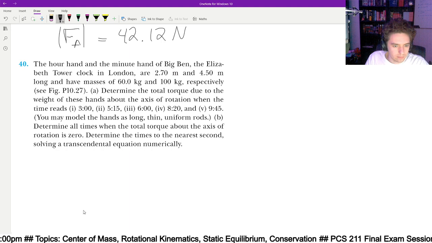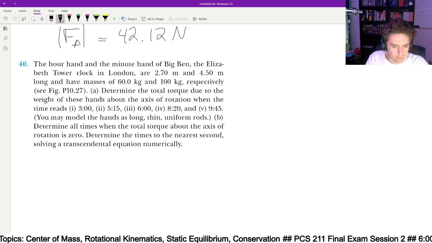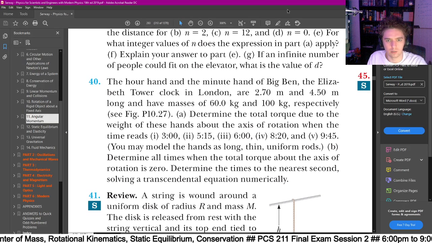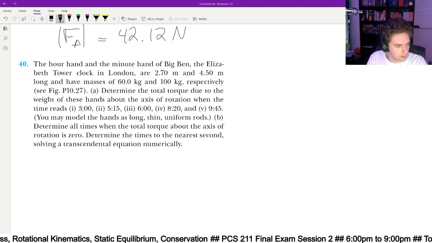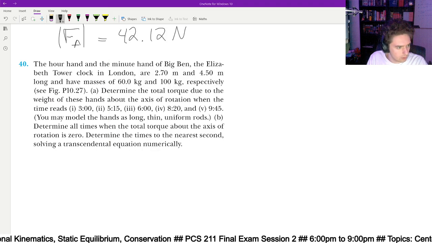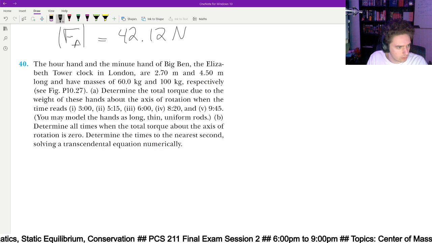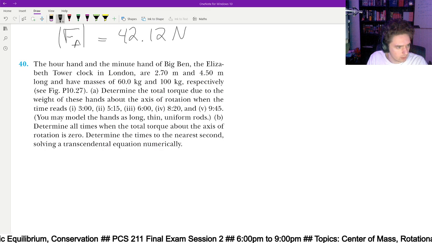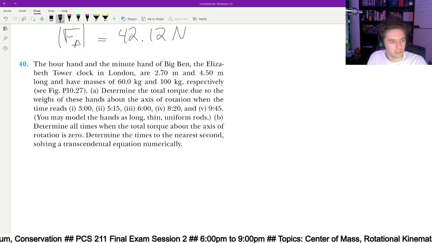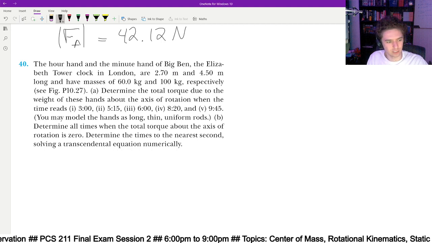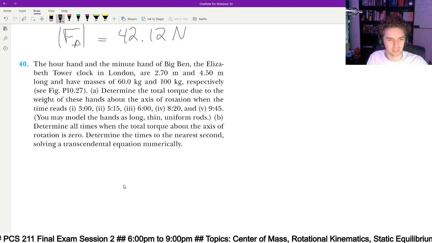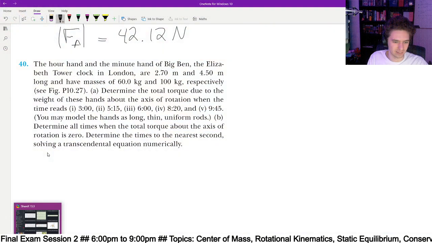Oh, there's a picture. I know it's not that important to have the picture, but still, you can use it. 10.27. It's way back here. Oh, it's just a picture of the Big Ben. There's no information on there, so I'll just leave it. I think we know what the Big Ben looks like.